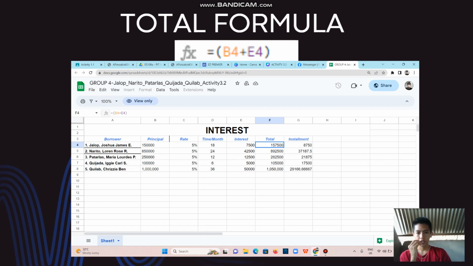Patarlas got a total of 262,500. I got a total of 105,000 pesos. Kilab got a total of 1,050,000. So that is the total formula.